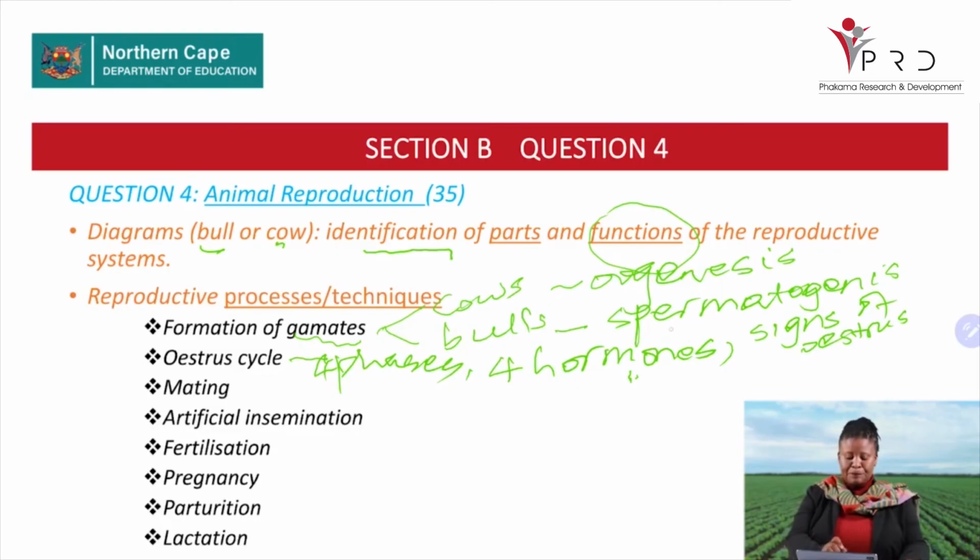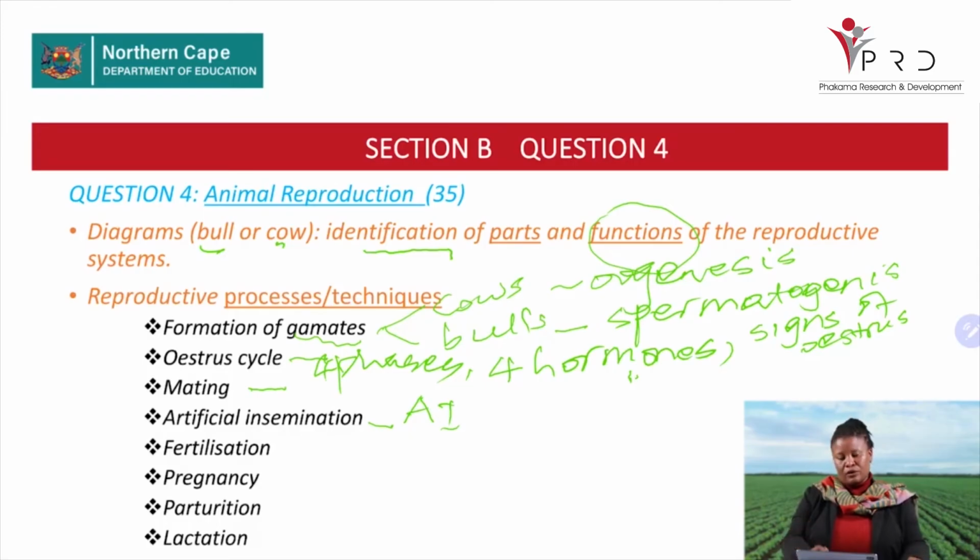Then mating. When is the right time for mating? Mating can be natural, it can be artificial. If you look at the next one, artificial insemination, we refer to it as AI. So there is no bull, there is only a cow.